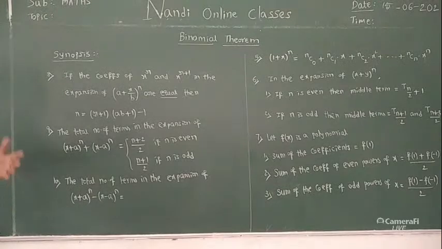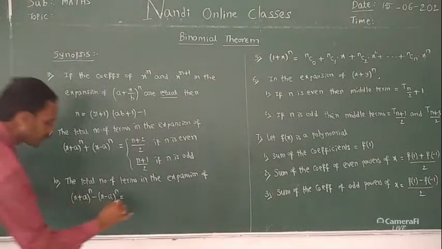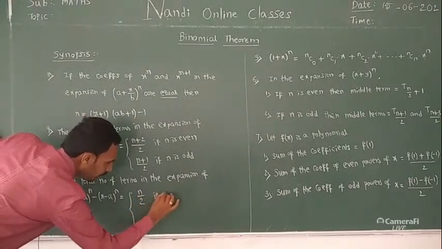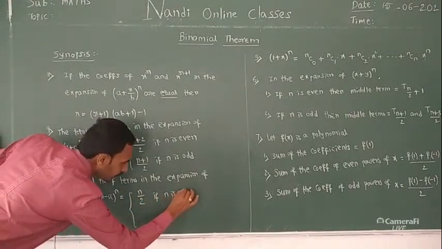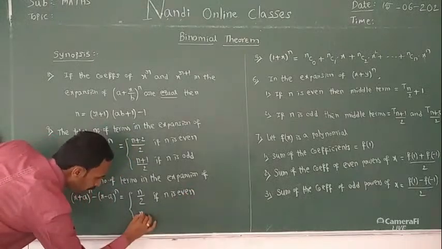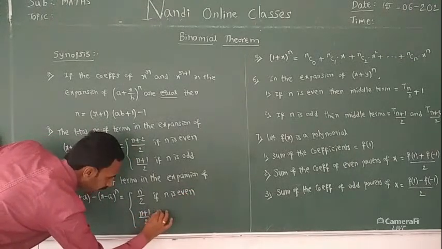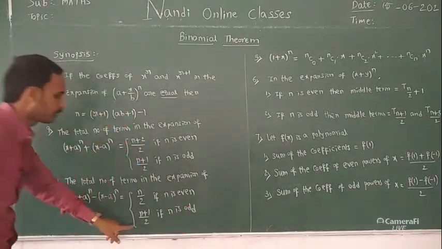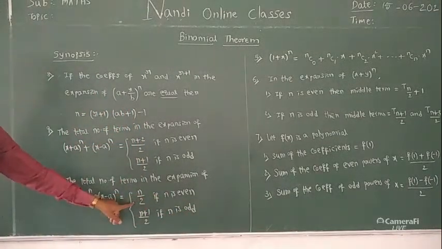After simplification, how many terms are remaining is equal to n by 2 if n is even, n plus 1 by 2 if n is odd. Suppose n is an odd number, this is the formula. n is an even number, this is the formula.